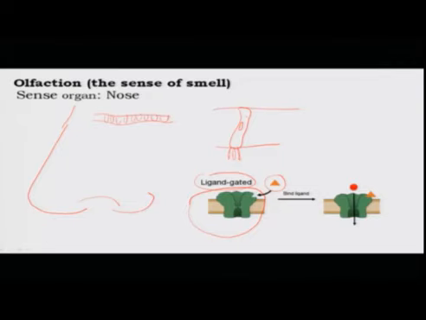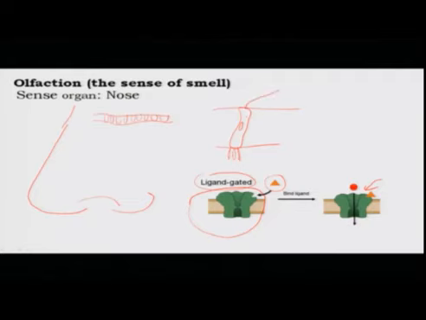Once this binds, this is an example of a ligand gated ion channel. Very often this binding leads to opening of an ion channel, either directly or indirectly it activates another protein which leads to opening of another ion channel, and then positively charged ions can come in and this can depolarize this cell.